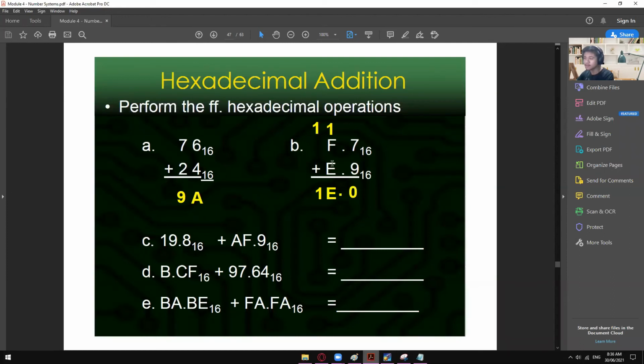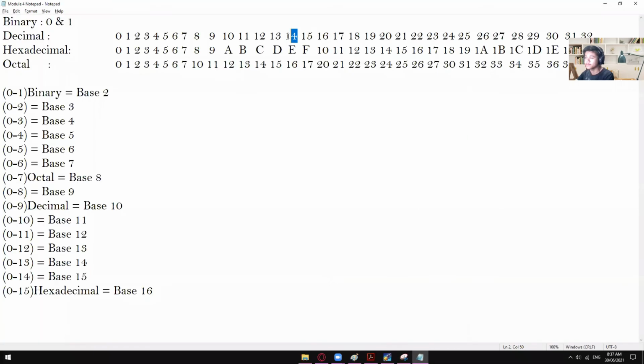Okay? But how about this one, sir? 1 plus F plus E. How did we get this 1E right here? So you can get the value of this one first. Let's say F is 15, right? And then E is 14. Am I correct? Let me just check. Okay, yeah. E is 14, F is 15.